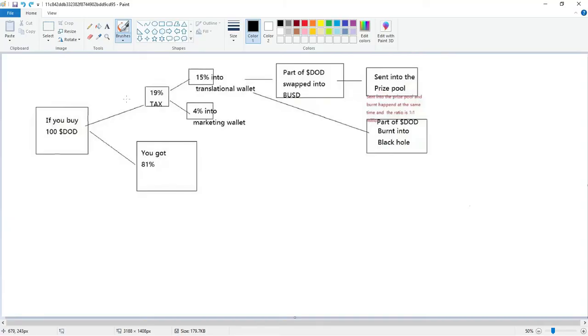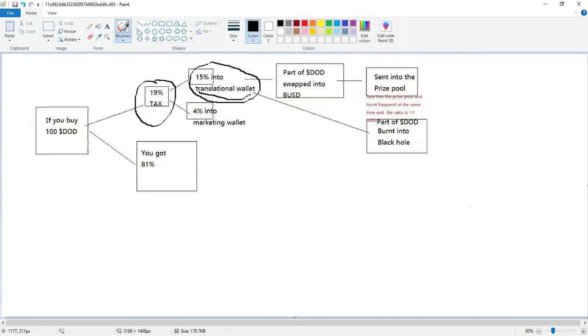Like I mentioned earlier in the video, each transaction has a 19% tax, which is this one here. And this 19% tax has been divided into two parts. The first one being the 15%. Now, where does this 15% go?